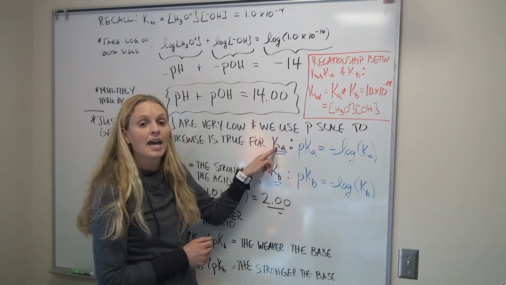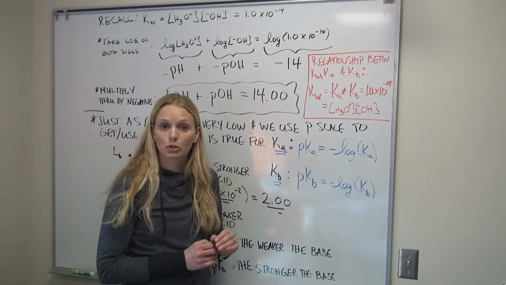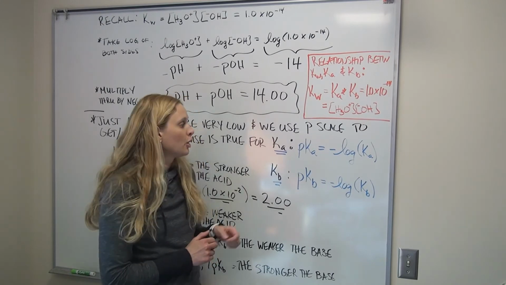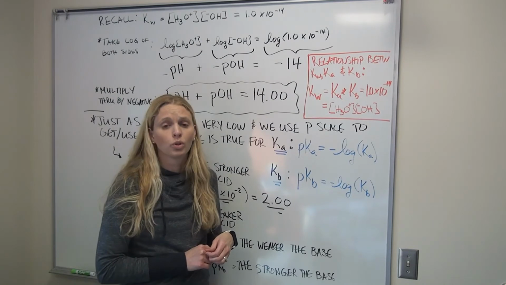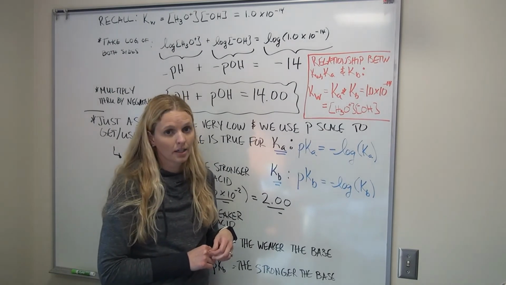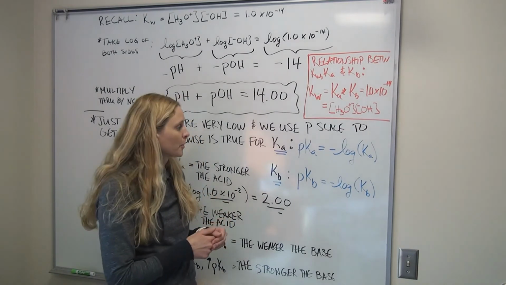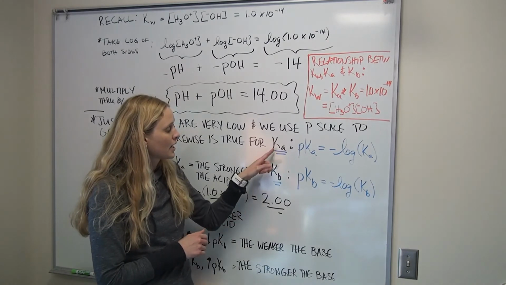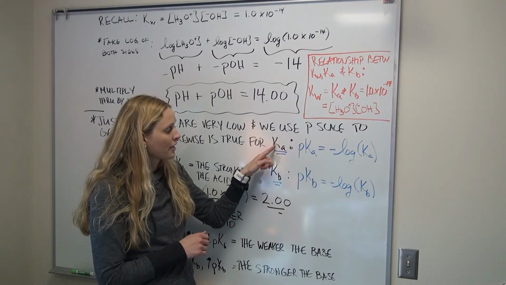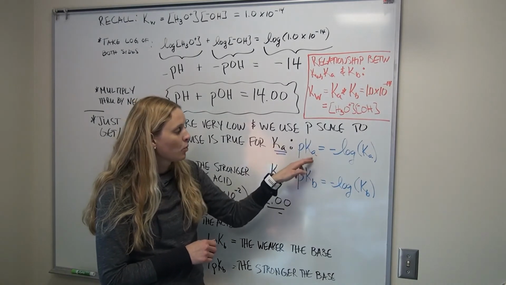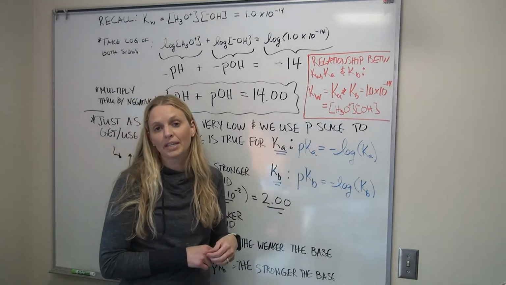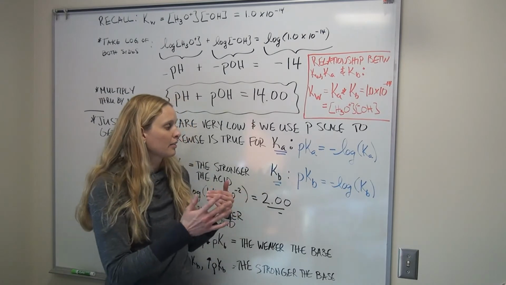So the Ka number will be very small, and the pH of the solution will not be very acidic. So the pH will be higher. And if I take the pKa of a small Ka, then I will get a larger pKa.